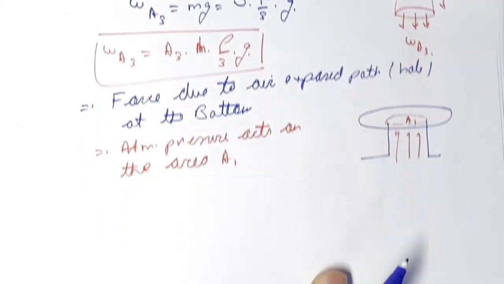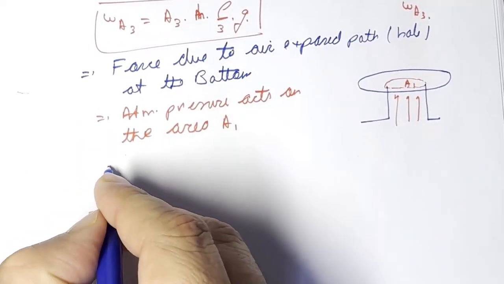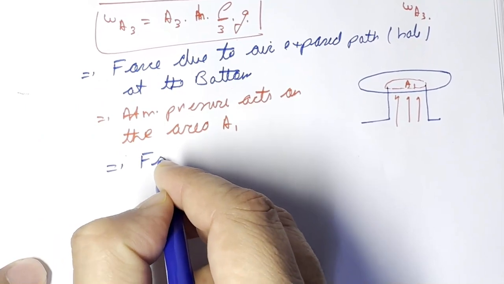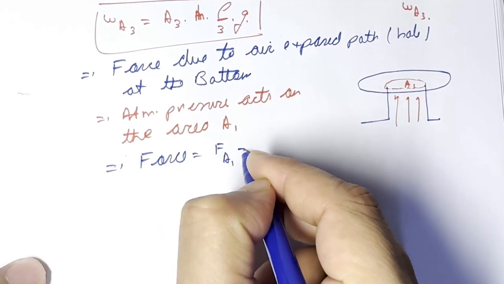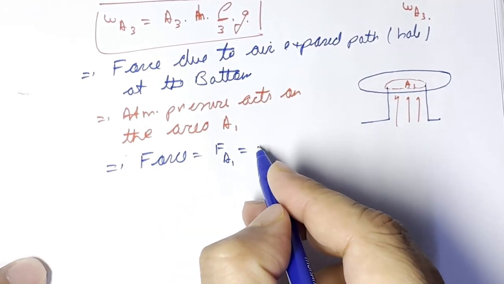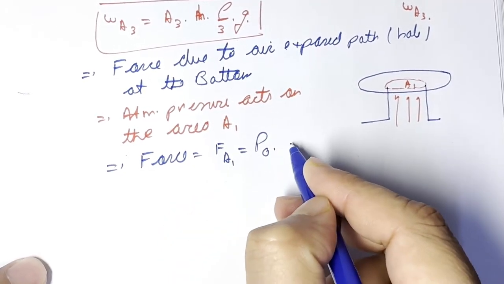Therefore the force, let us call that FA1, will be equal to atmospheric pressure multiplied by A1.